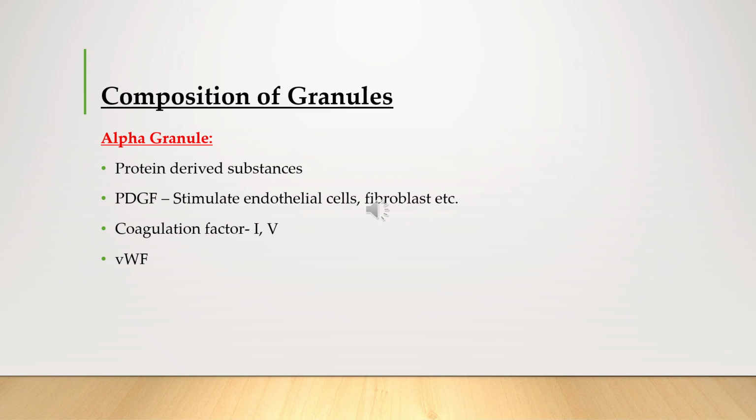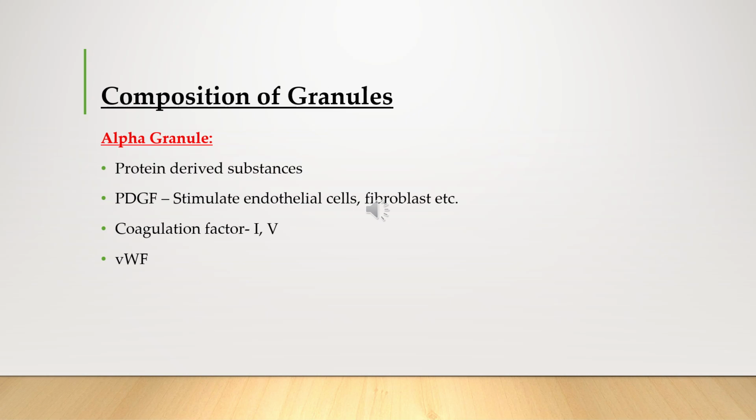Now let's see the composition of platelet granules. Remember, platelets have two types of granules, alpha and dense granules. Alpha granules store protein derived substances. The composition of alpha granules includes PDGF, that is platelet derived growth factor. This factor will stimulate the endothelial cells and fibroblasts for wound healing.